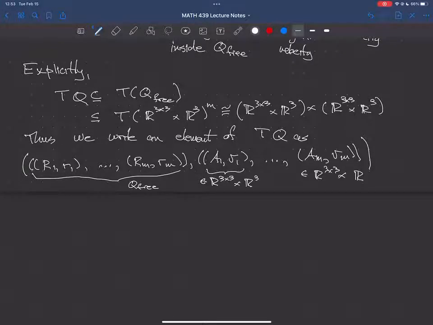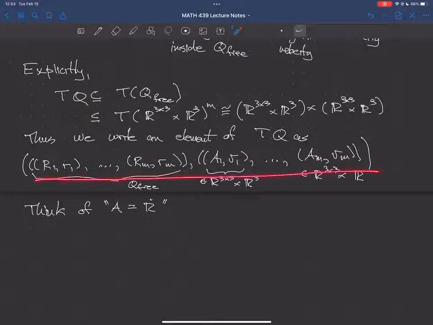And the way you should think about A is being R dot. It's the velocity of a point in TQ, which is a point in TQ free, which is a point in the tangent bundle of M copies of R3 by 3 cross R3, which is equal to that. So it's a big, complicated mess, each separate component of which is very simple, but when you get to the end to write everything down, it's just a big long expression.